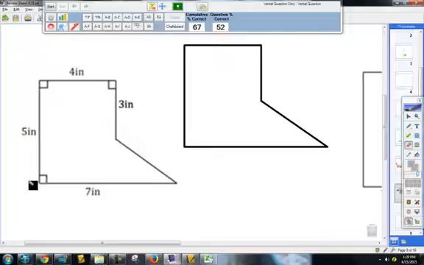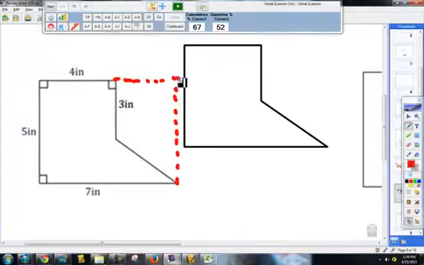How'd you do it? So I think what she's saying is she's doing something like this, right? Is that what you did? Well, I did 5 and 7 to get 35, and then 4 times 3, 12.